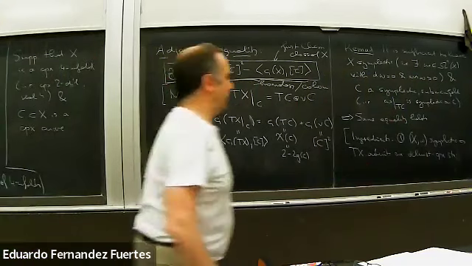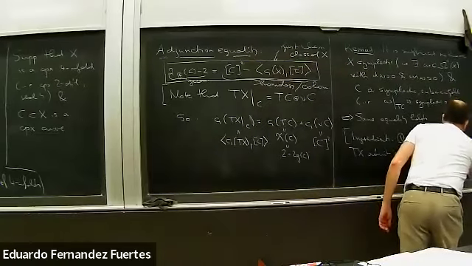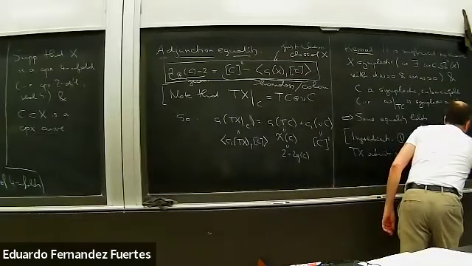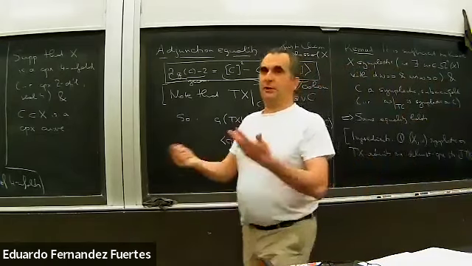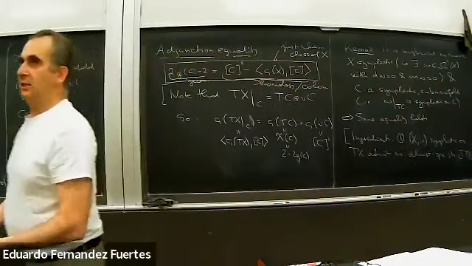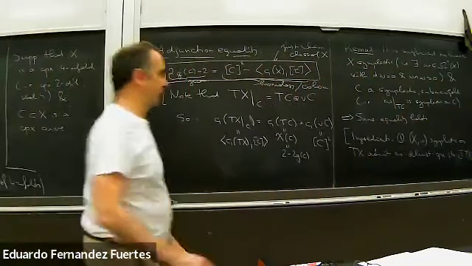This is just a J, usually denoted by capital J, a bundle automorphism with the property that if you do it twice, you get minus the identity.